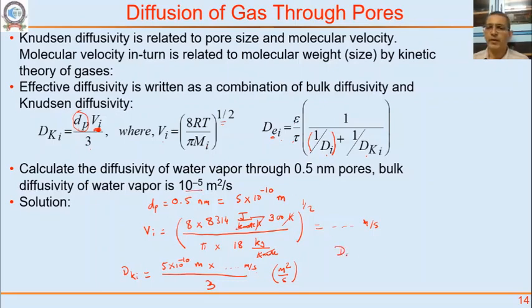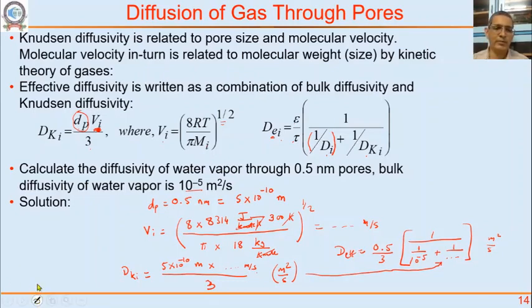So effective diffusivity will be epsilon, let's say epsilon is 0.5, divided by tortuosity 3, like the earlier case, times 1 divided by (1 by molecular diffusivity or bulk diffusivity 10 raised to minus 5, plus 1 by this Knudsen diffusivity). This we calculate in terms of meter square per second. So that's how you will be able to calculate this Knudsen diffusivity.